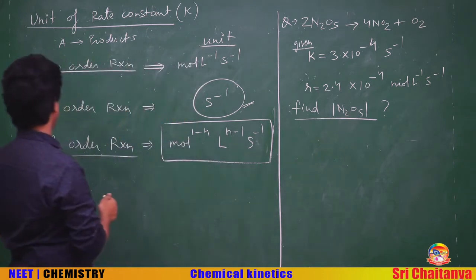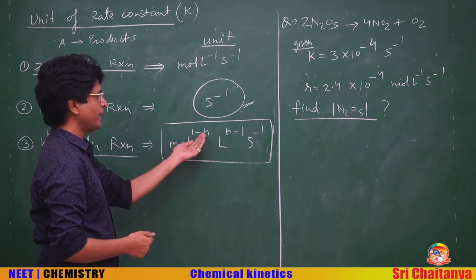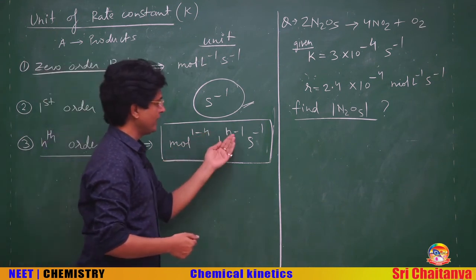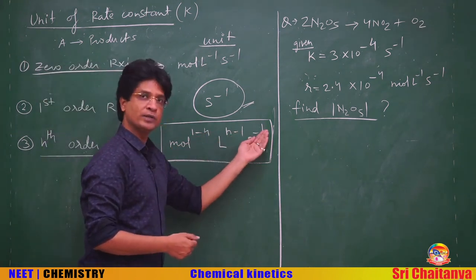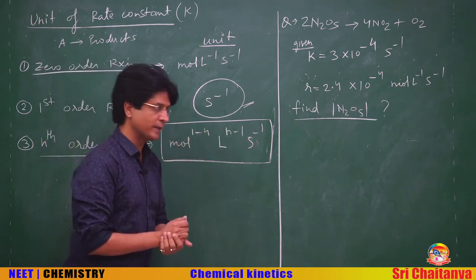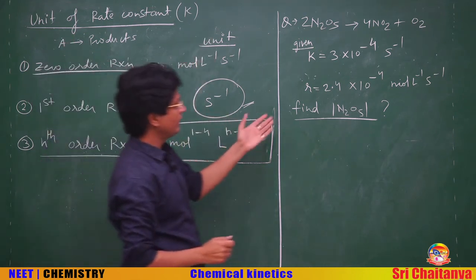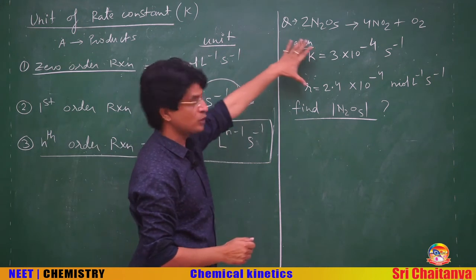Now for nth order reaction, the unit is mole to the power 1 minus n, liter to the power of n minus 1, and second inverse. So you can put the value of n depending on which order they are asking. So what is the significance of what we have learned right now will be showcased from this question.